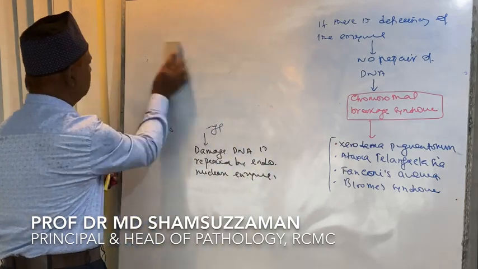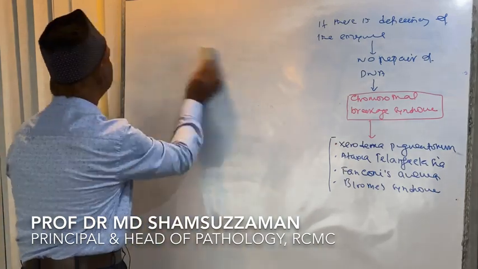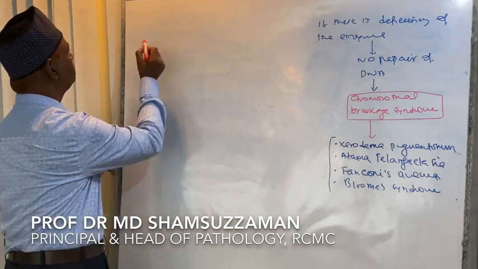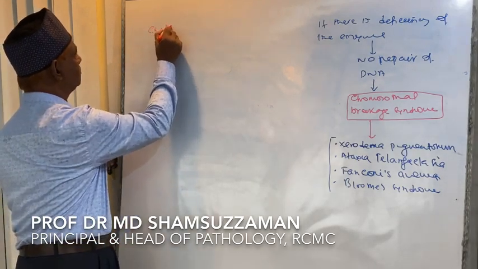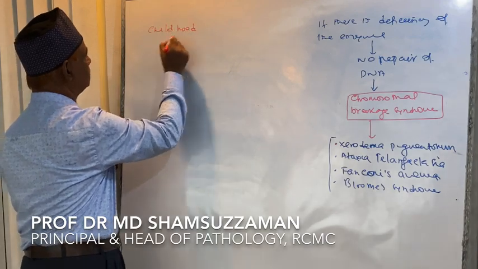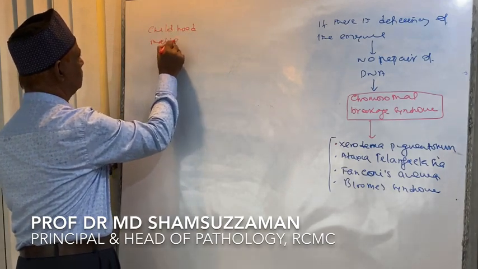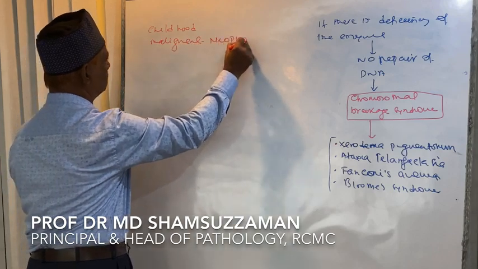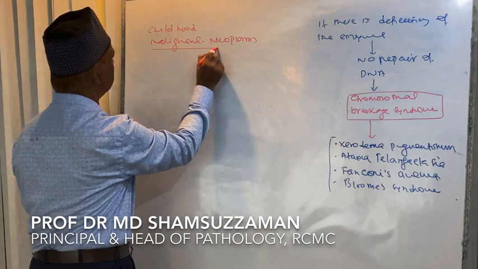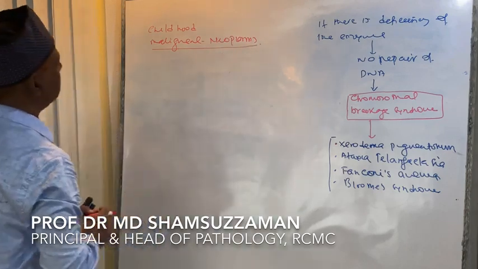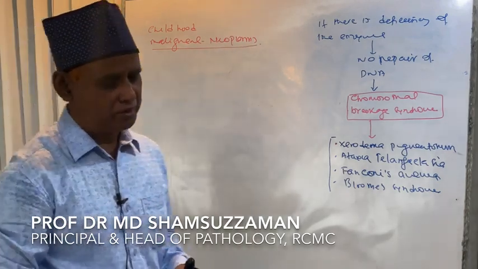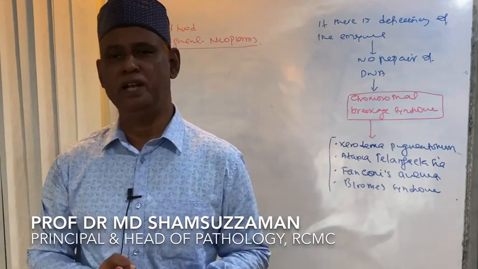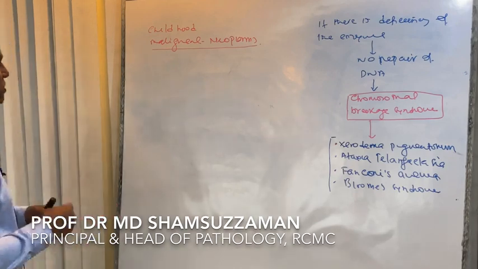Dear audience, now come to childhood malignant neoplasms. What are the malignant neoplasms that occurs under the age of 18 years? These are childhood malignant neoplasms.